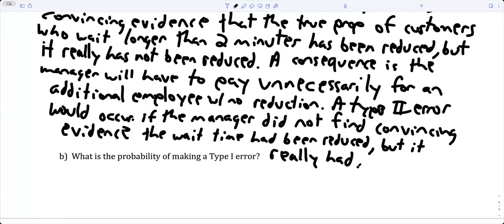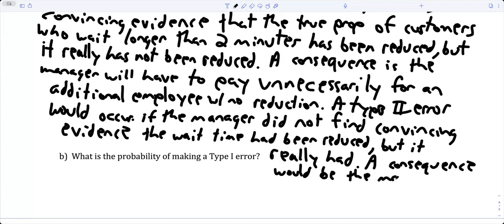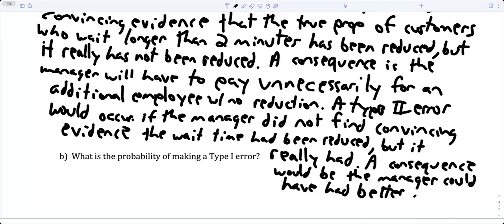So a consequence: the manager could have had better service, but this was not achieved.